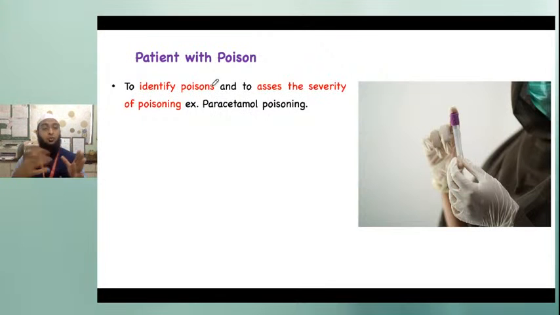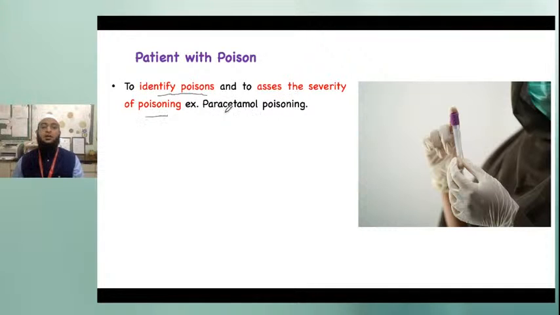Suppose a patient is brought to the hospital unconscious. If he is conscious, you can ask him and get an idea what he has consumed. But when he is not conscious, how can he tell you what he has consumed unless someone has seen it, right? Then simply you can take a blood sample and try to identify that particular poison, and you can assess the severity of poisoning.